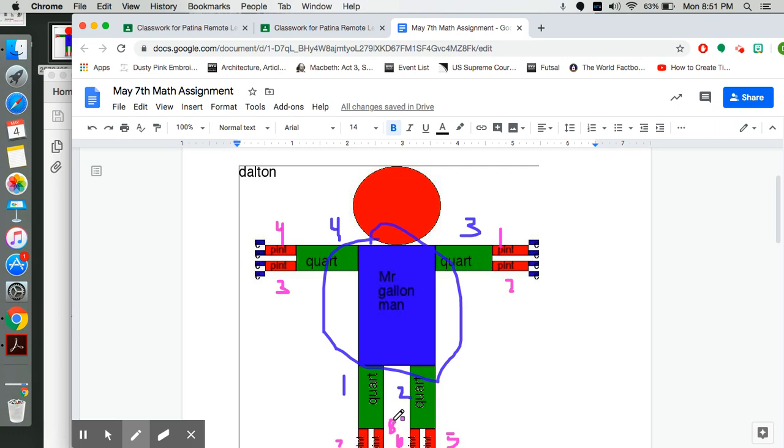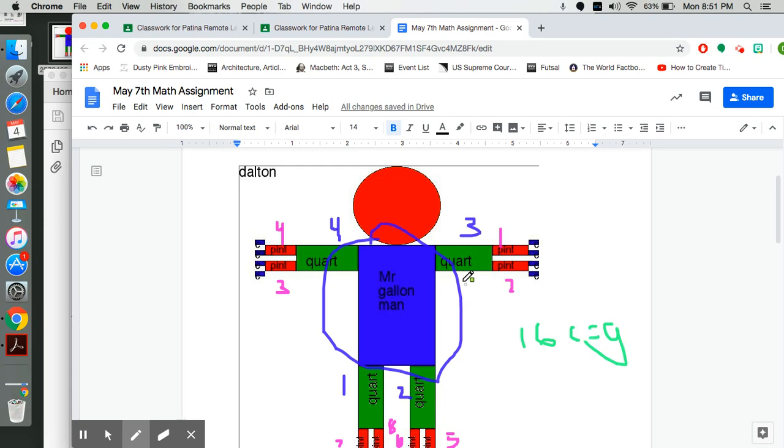And last but not least, we have cups. And cups are our smallest unit so far. They're really, really tiny. There's 1, 2, 3, 4, 5, 6, 7, 8, 9, 10, 11, 12, 13, 14, 15, 16 cups in a gallon.